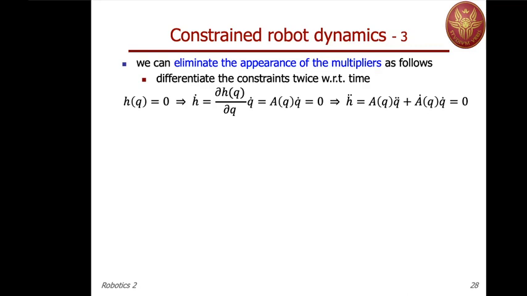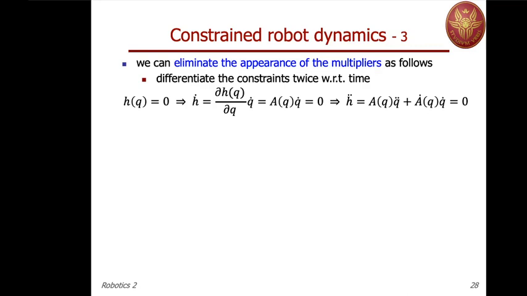Since h should be 0 at all times, also the derivative of h should be 0. If we use the chain rule for this derivation, h dot is the partial derivative of h with respect to q multiplied by the derivative of q with respect to time, so q dot. The first is the Jacobian associated to the constraint, so it's A of q, times q dot, and this should be equal to 0.